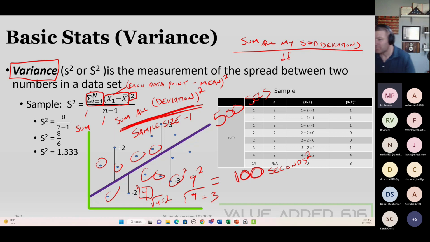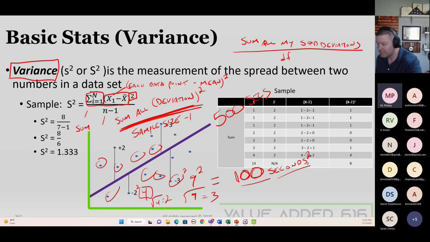But because we squared each of the deviations, we ended up with 100 seconds squared, which isn't really usable considering it's seconds squared. If I had dollars squared, it doesn't make much sense. So dollars squared, time squared, right?